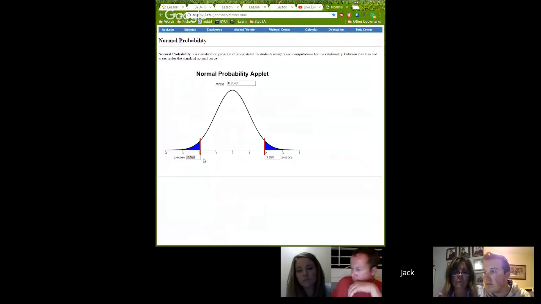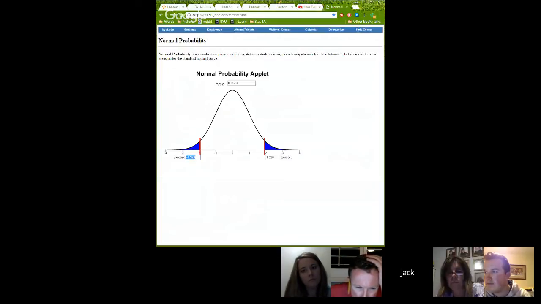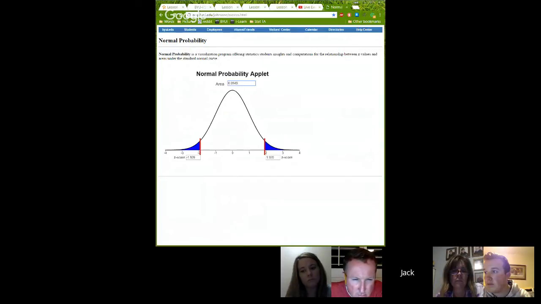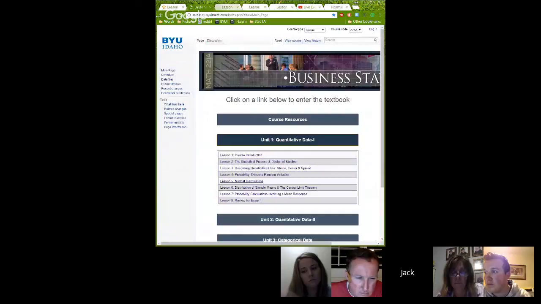This is our z-score, negative 1.92. More extreme means going either left of this or right on the other side, so the two tails. You highlight the two tails, put in the z-score, and you get the probability of 0.0549. Round that to 0.055, and that's our final answer.